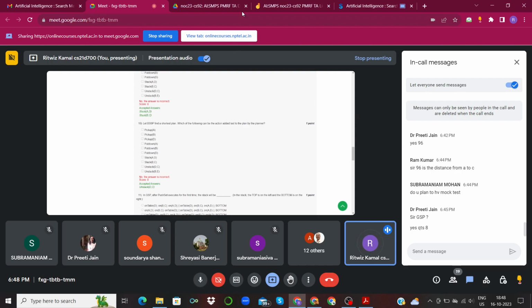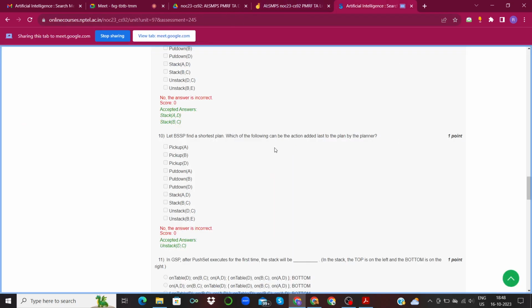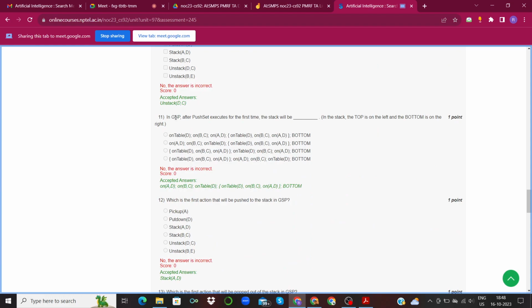Okay, so yeah, let's go over GSP now. So in GSP, after push set executes for the first time, the stack will be... So if you remember, in GSP what we did was we had a stack, right? And we added the different subgoals to the stack in some order that was decided by us, right? If the subgoals were independent, we added the subgoals irrespective of the order.